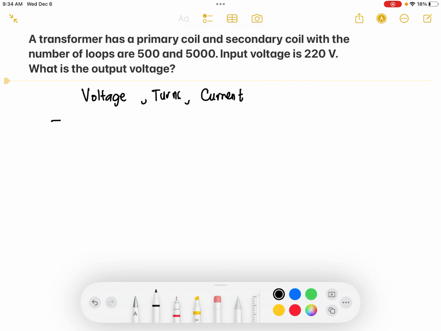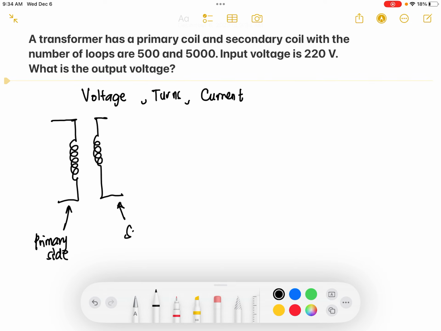The circuit diagram of a transformer is this. This represents the primary side and this represents the secondary side.